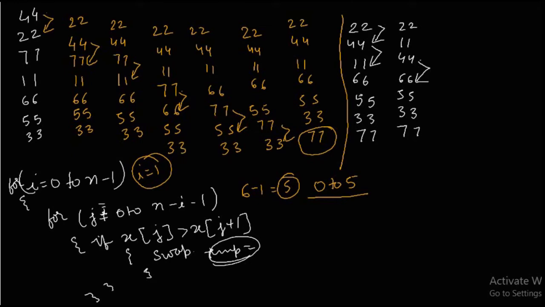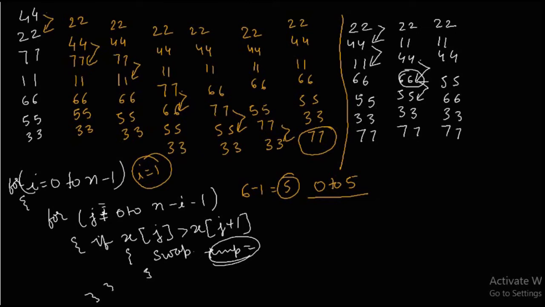Now j will become 3. So we'll compare the third and the fourth element, that is 66 and 55. Now 66 is greater than 55, so we will swap it. 22, 11, 44, 55, 66, 33 and 77.